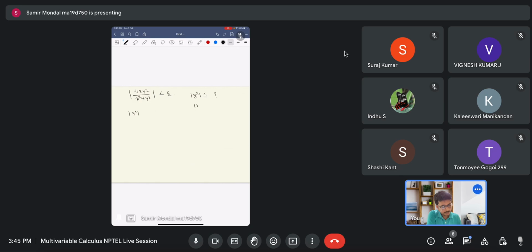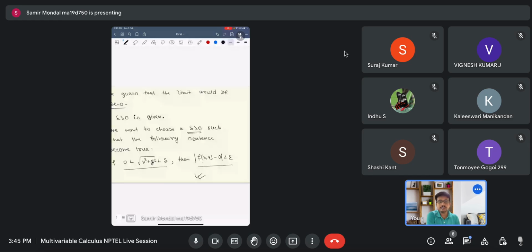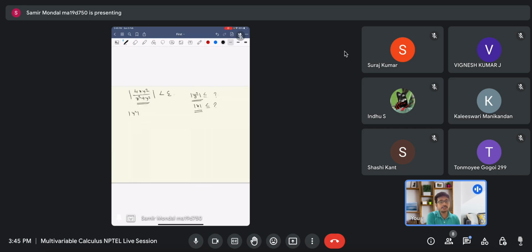The clever thing is that you have to bound this one and this one in terms of this one, because this is your disc. We already know that root over x square plus y square is less than delta. So anyhow we have to bound this quantity and this quantity in terms of x square plus y square.